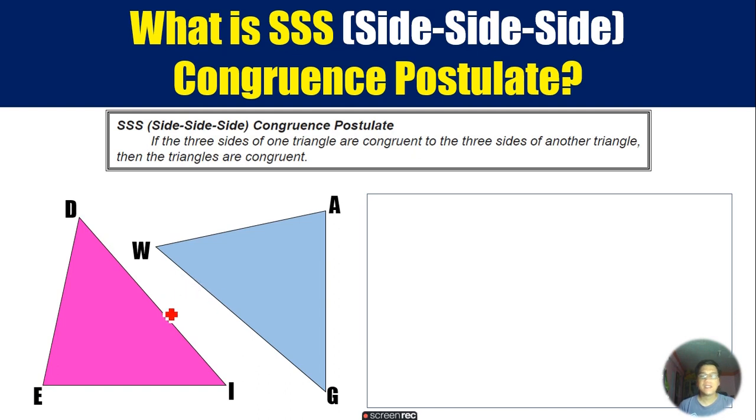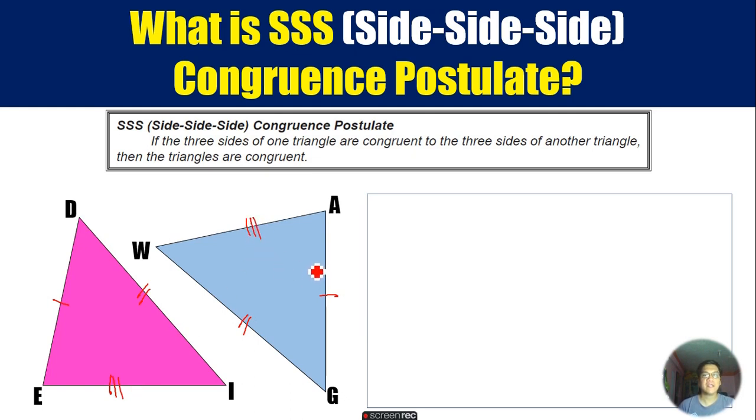So let's just have them by pair. This side is paired with this one, and this side is paired with this side also, and then the last, so 3 tick marks there, there it goes.